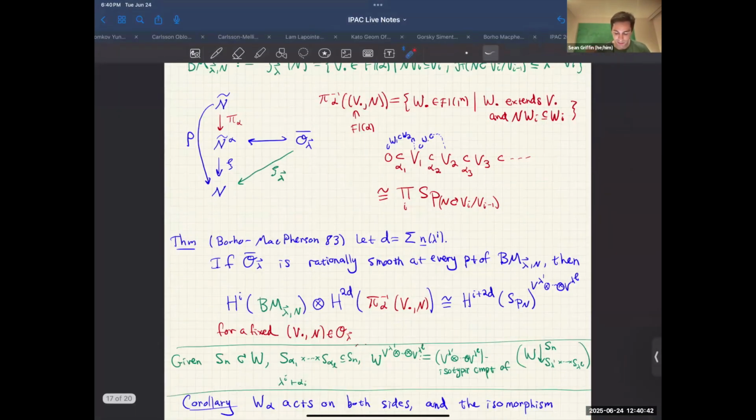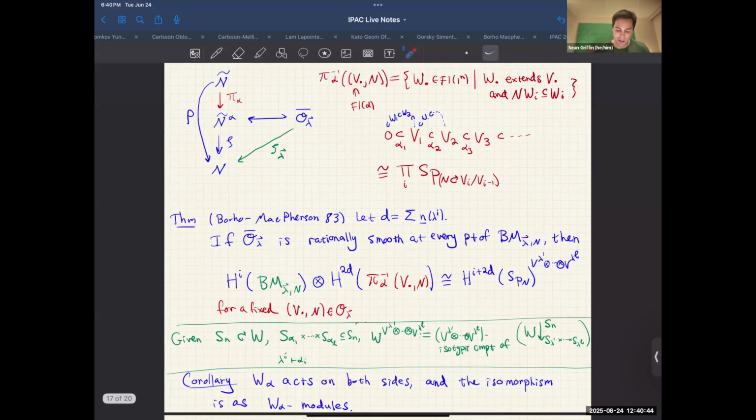Right, so essentially, and also related to what we were saying before, Borho and MacPherson didn't say this exactly in their paper, but you still have this W alpha action floating around. You can figure it out from their calculations that this W alpha still acts on both sides of this isomorphism.